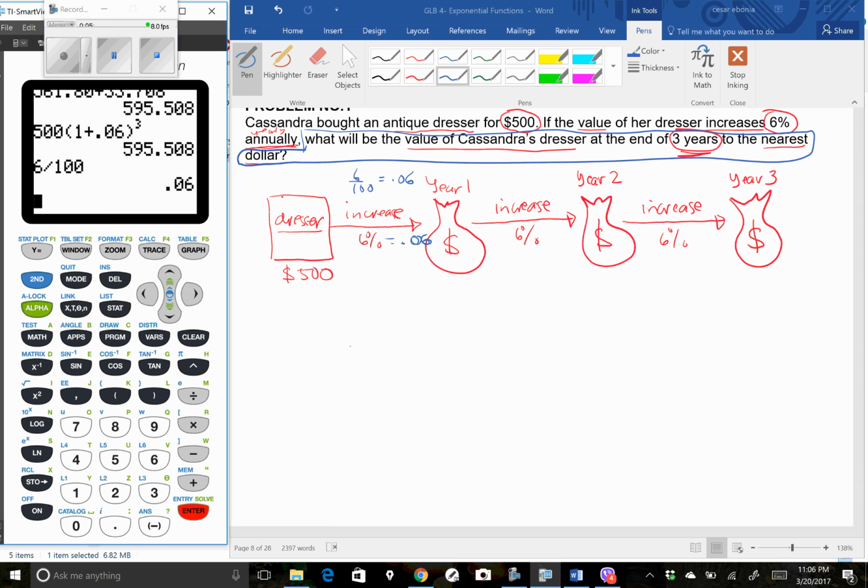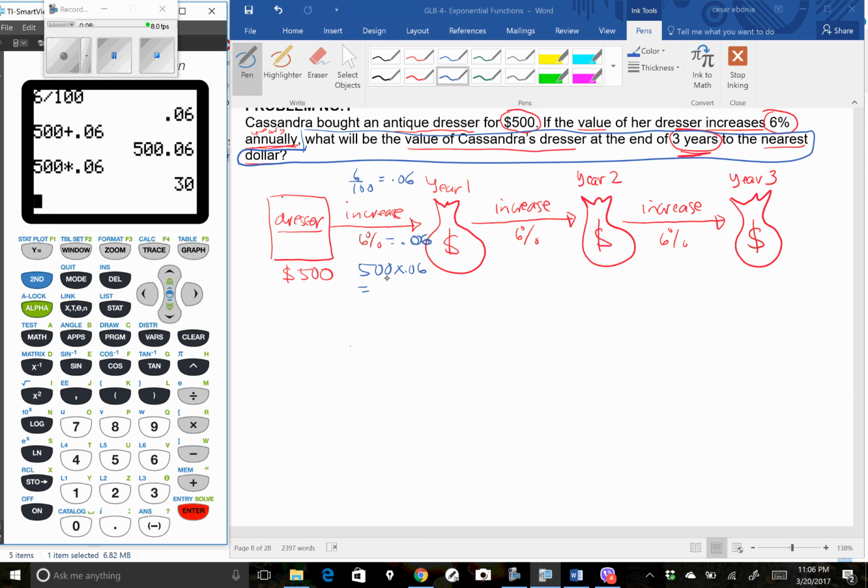To find how much it increased, we have 500 times 0.06. That gives you $30.